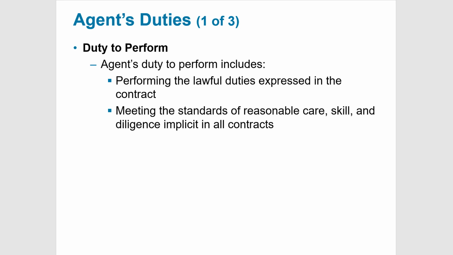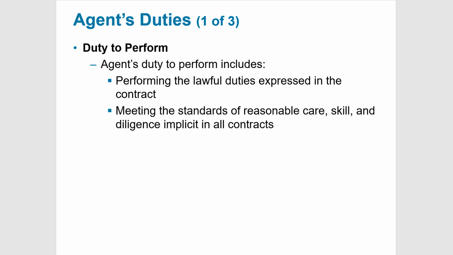This is a pretty flexible stipulation here because agents can be all sorts of different people: plumbers, electricians, lawyers, whatever. And so we apply a reasonableness standard here, saying, given this profession, what would we expect a reasonable attorney to do in this specific set of circumstances?